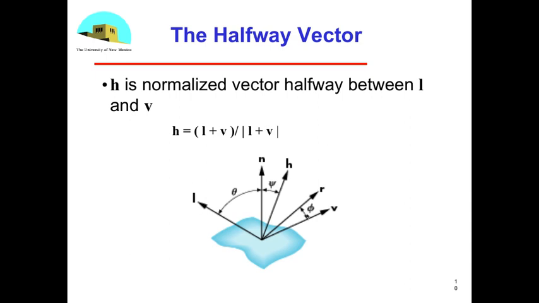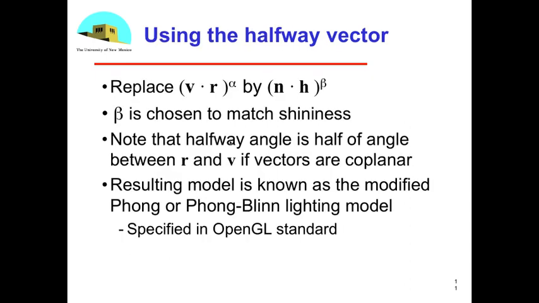And in this diagram, it looks like, well, gee, psi isn't that much different from phi. In fact, they're sort of proportional. You can show if everything was coplanar, it would be twice this angle. But as I said, the main justification here is that this is much more efficient to compute, and so we just replace v dot r to the alpha power by n dot h to the beta power, where we can try and pick a value of beta that will give us essentially the same contribution as this for a given alpha.